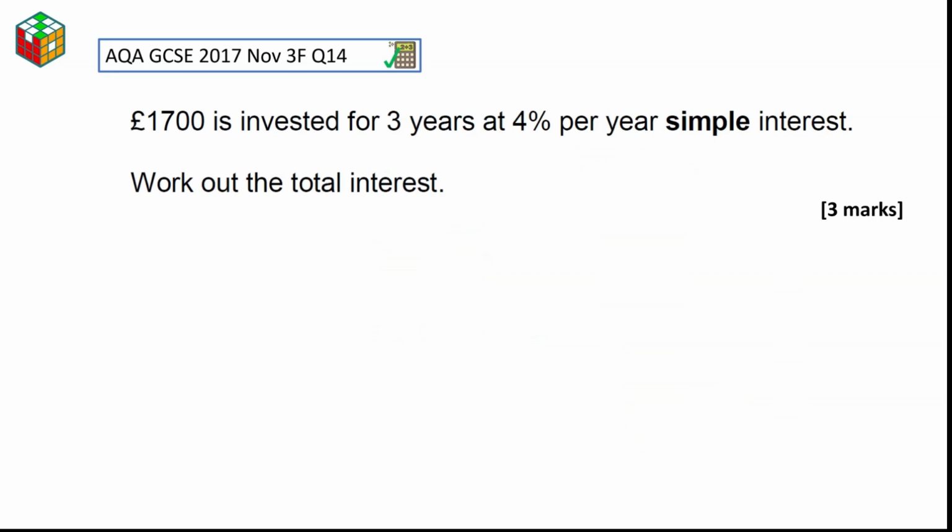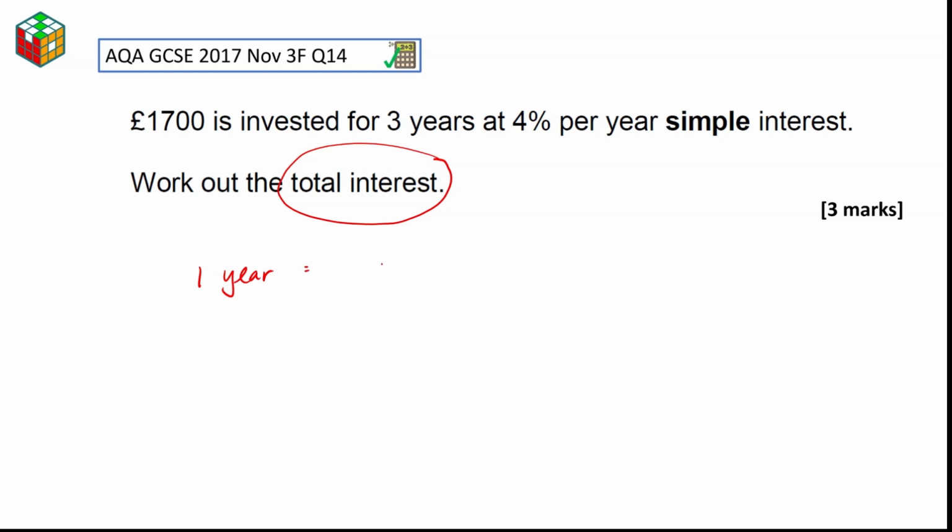Another example, a past paper example. £1,700 is invested for 3 years at 4% per year simple interest. Work out the total interest. Now, this time they did not ask you for the total amount. They only want to know how much you've earned from the bank, from your investment. So for 1 year, it will be 4%.